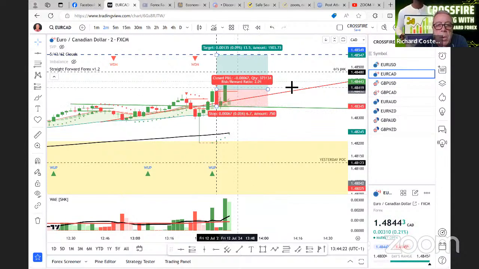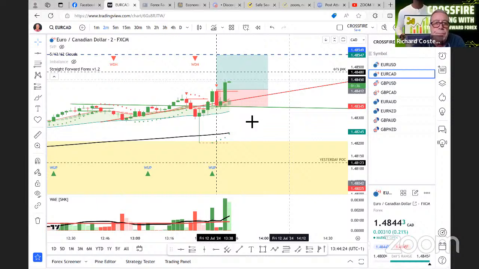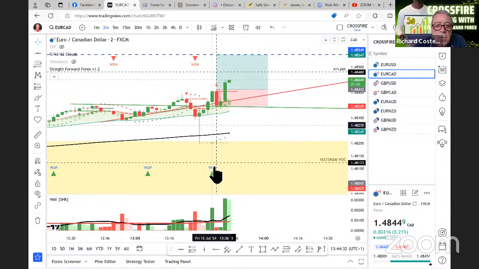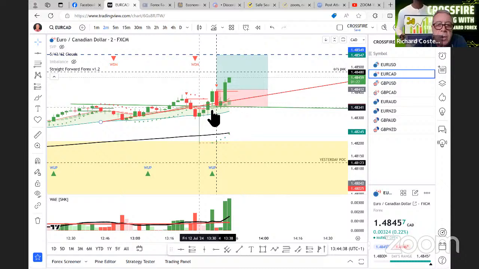But look where price is going now. On this candle here, the candle before I got in, we had a wave up. So that meant that these green wave blocks, they changed from red to green. So that was another indication that we were good to get in for a buy.